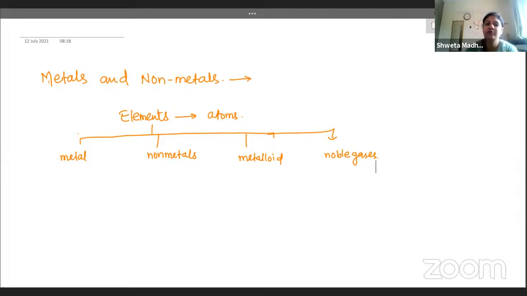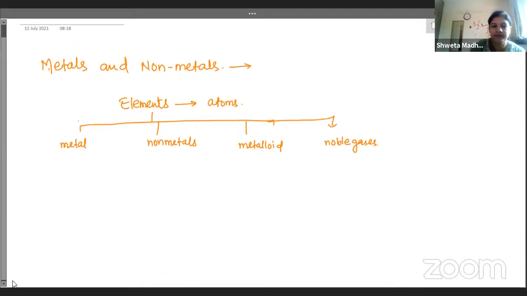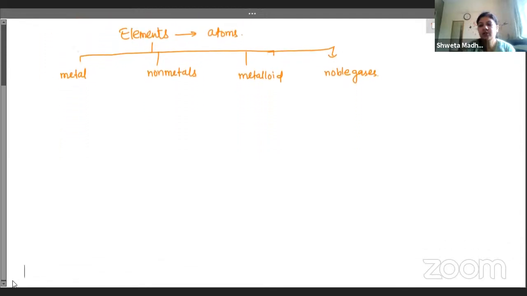So one by one, we have to see metals and non-metals. First, we will see the physical properties that you already know. According to physical property, the differences and examples.